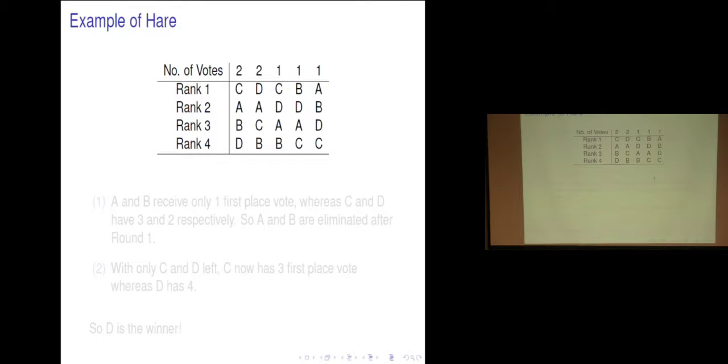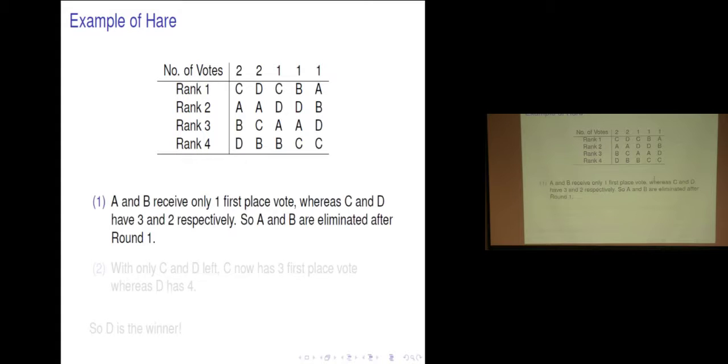Okay, so here's the example. Suppose you have the profile like this. We want to see what happens under this Hare system. So we have A, B, C, D. We look at the first choice. C has 3 first choices, 3 votes.